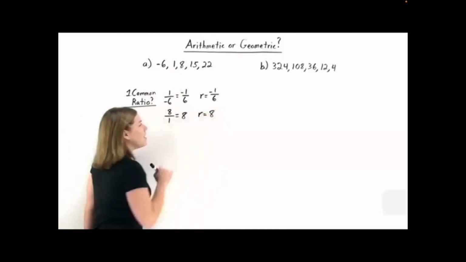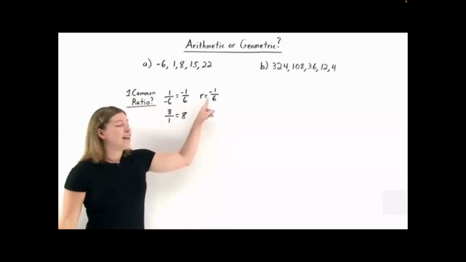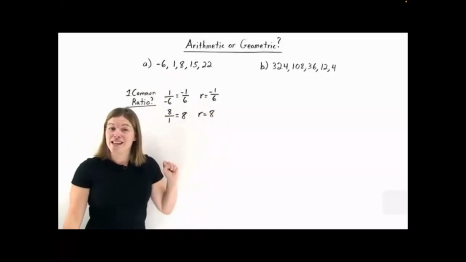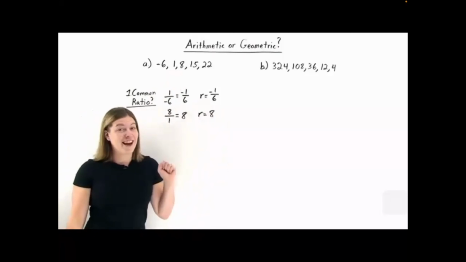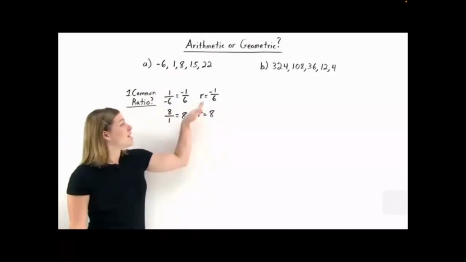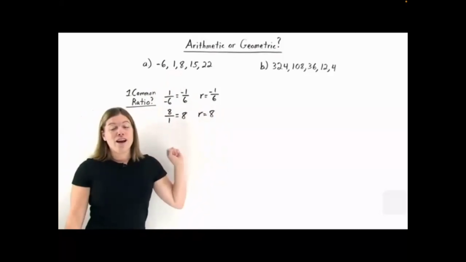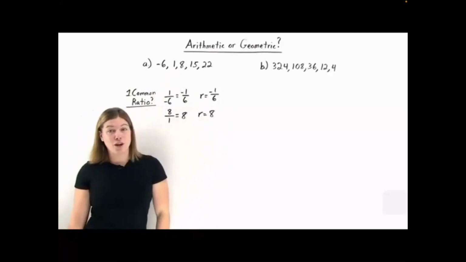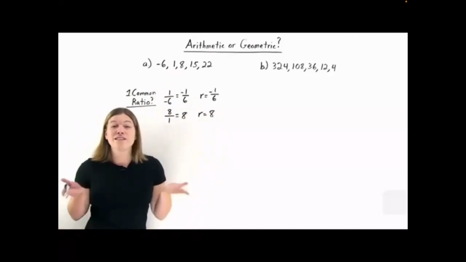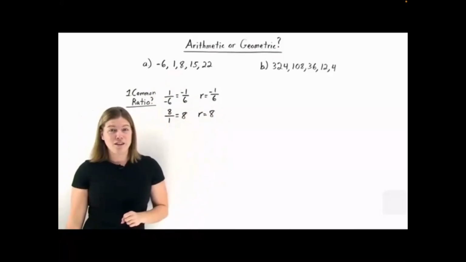So, this value of r is 8. Is -1/6 equal to 8? No, it's not. Those two numbers are definitely not the same. Since we did not get the same value for r, that means we do not have a common ratio in this sequence. So, the sequence is not geometric.